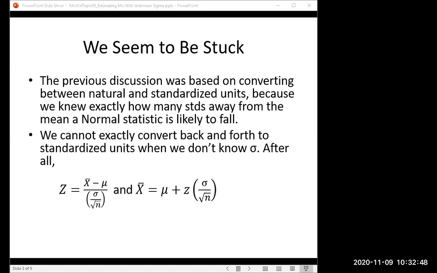All right. Well, but now that we don't know sigma, we seem to be stuck. Because our margin of error was Z times sigma over root n, and we don't know sigma.